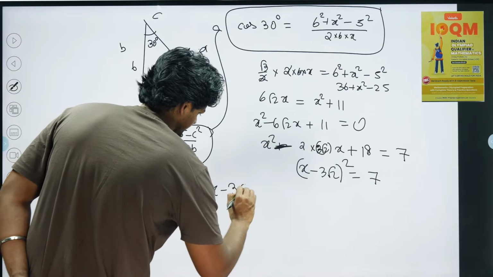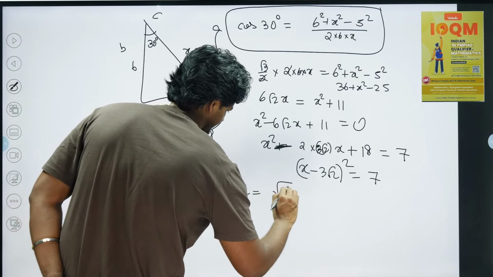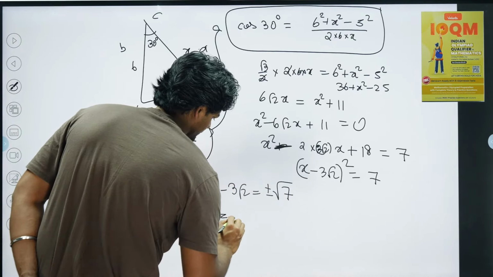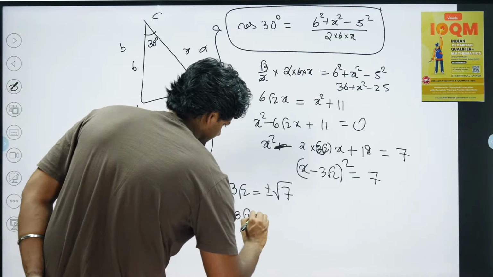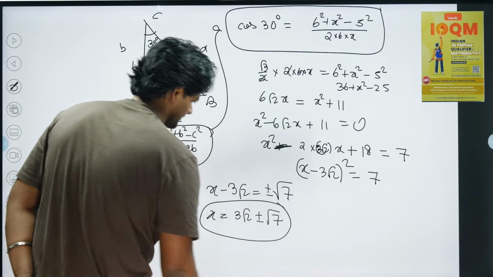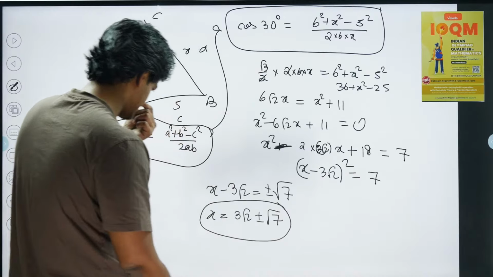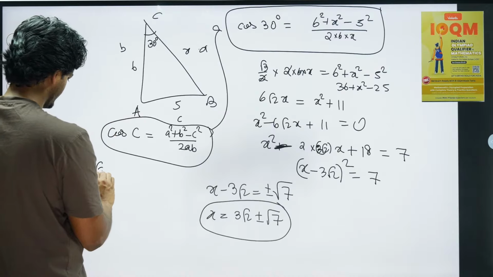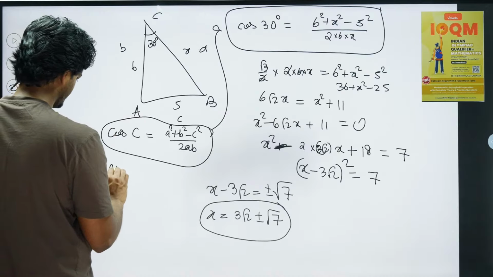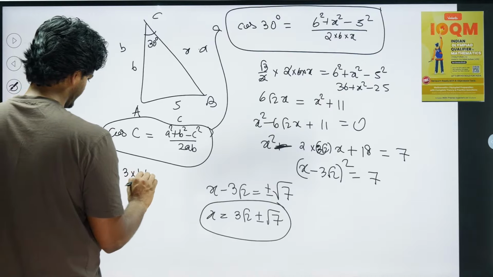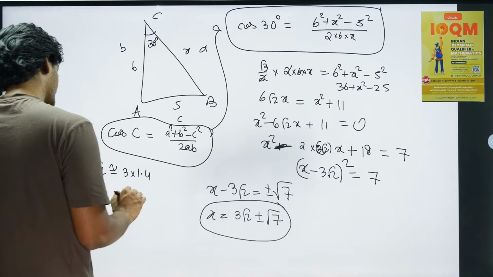X minus 3 root 3 is equal to plus or minus root 16. X is equal to 3 root 3 plus or minus root 16. So can we take minus? Is minus possible? Because 3 root 3 is nearly 3 into 1.7.